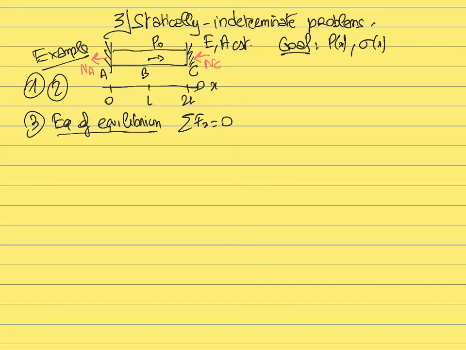We have NA, with a negative projection, so it's minus NA. We have NC, also a negative projection. And then we have P naught, which has a positive projection. The sum of those forces is equal to 0, so we find that NA plus NC equals P naught. That gives us one equation.